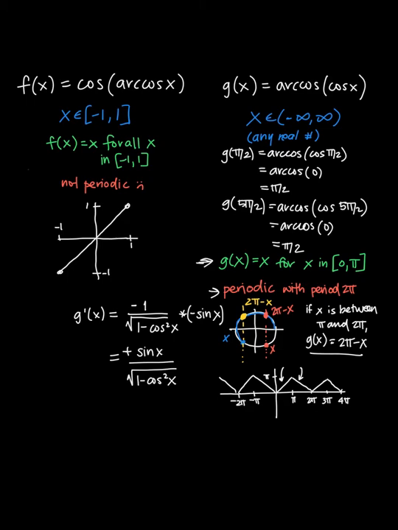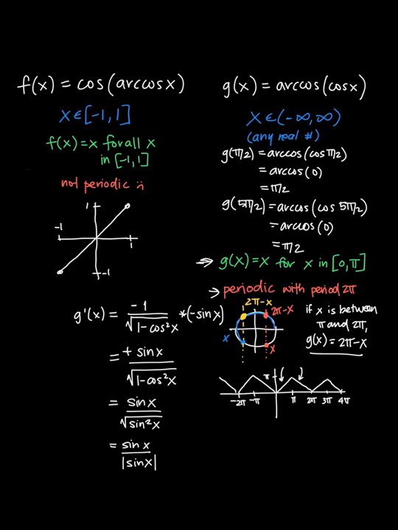And 1 minus cosine squared of x is equal to sine squared of x, so let's rewrite that. And that expression down in the denominator is positive. So square root of sine squared of x has to be denoted as the absolute value of sine of x if we're going to simplify the denominator, which we will. So this is now our expression for the derivative of g.